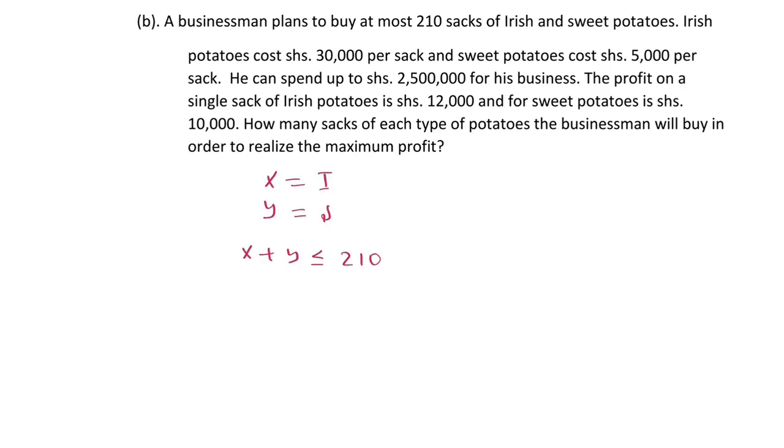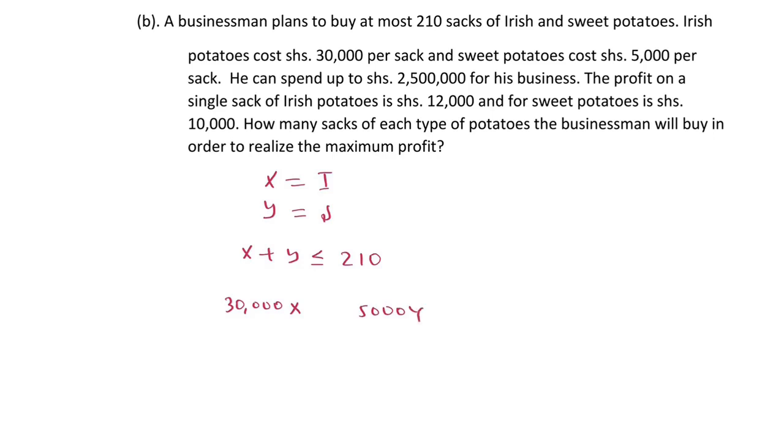Also, we've been told that Irish potatoes cost 30,000 per sack, so the cost for x sacks will be 30,000 x. And sweet potatoes cost 5,000 per sack, so the cost for y sacks will be 5,000 y.